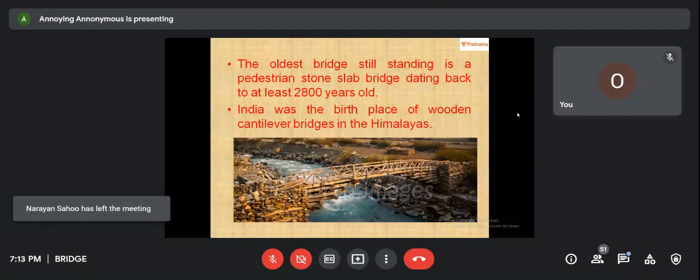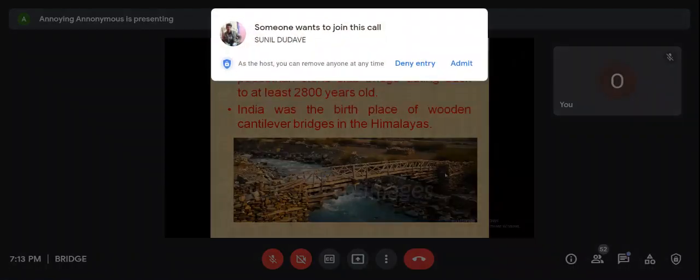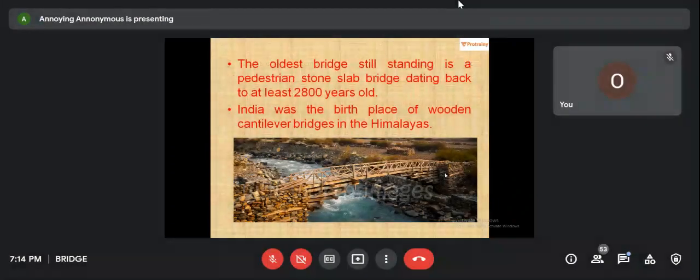Next is, India was the birthplace of wooden cantilever bridges in the Himalayas. You can see in this figure, this is what we call a wooden cantilever bridge. How exactly is this bridge made? You can see that they have these structures on either side of the stream of this mountain river.